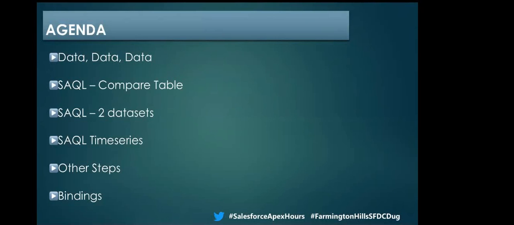I thought that was a little more interesting to dive into, so I'm going to do that. But I will also give you a few tips on different steps that you can be using in Einstein Analytics, and then move into some bindings, which are also quite nice to know how you can use.